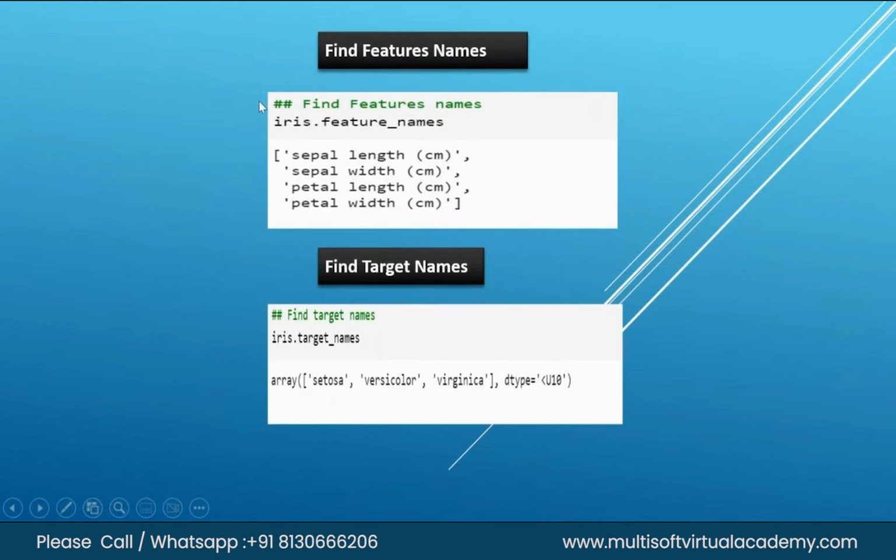You can see here the feature names and the target names. In the COVID data set we have two classes, COVID and non-COVID. When you import the data in the Python environment, you will also get the feature names in the data set, that is, what features you have in the particular data set. Clear till now? Any problem?